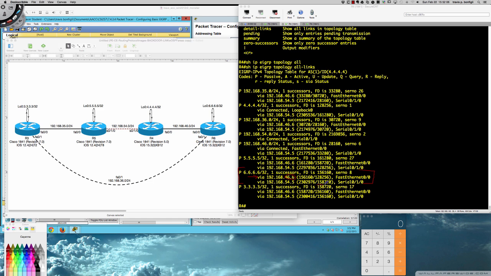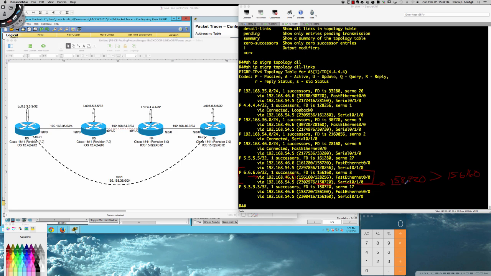Remember, router 5, what is its reported distance? Router 5's reported distance is 158,720. Well, 158,720 is greater than the feasible distance of the current successor, which is 156,160.